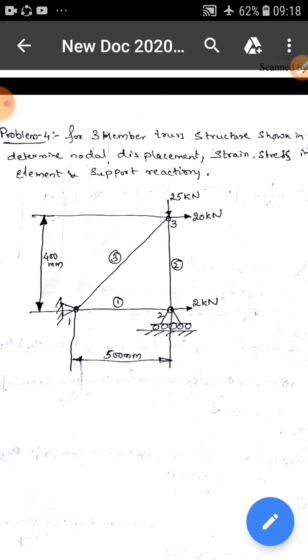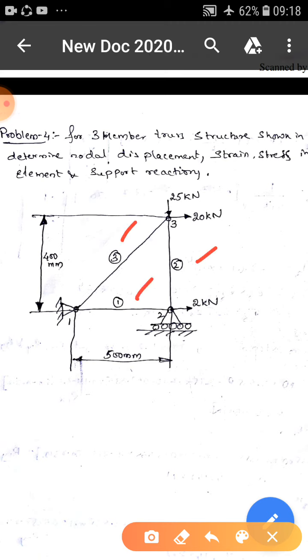My first node is here, second node and third node. Sorry, first element, second element and third element are given to you. The problem is similar, but the angles go on changing.